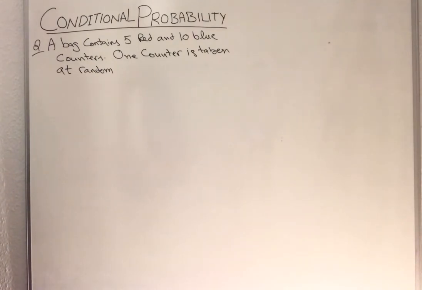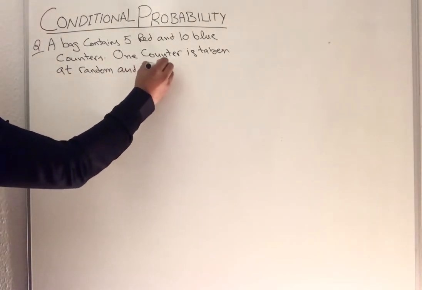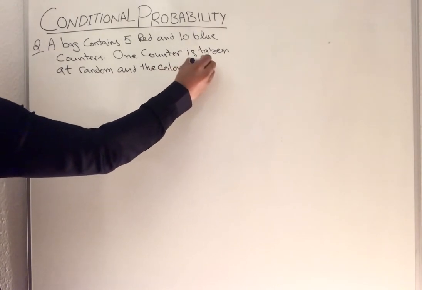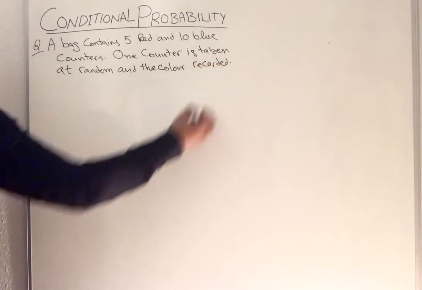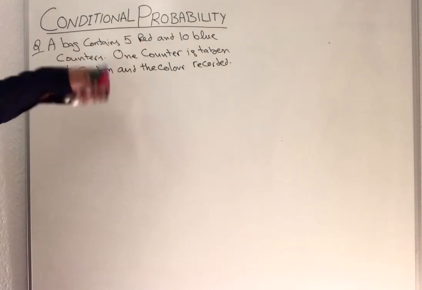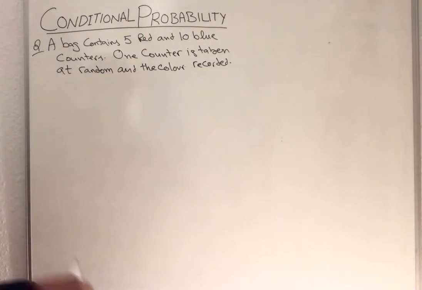And the color is recorded. When you take any red one or blue one from a bag, you don't know which one it is, you just pick one and you have to record which color you have selected.